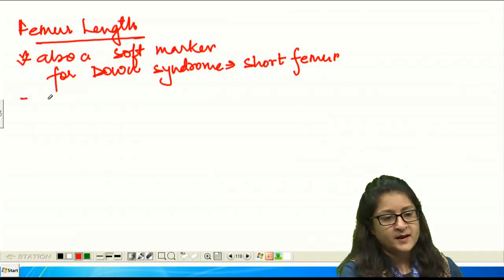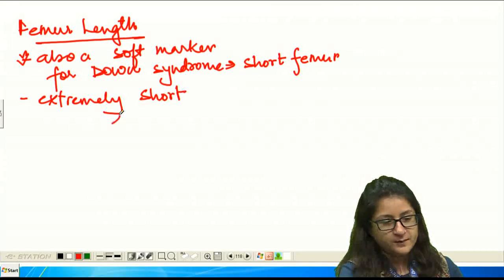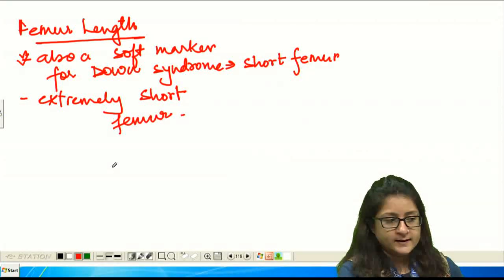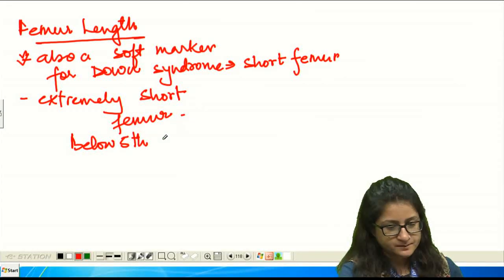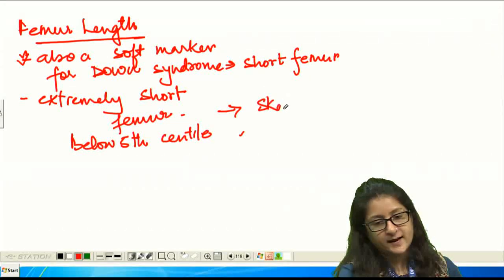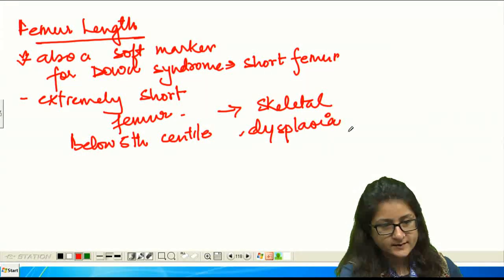That is one point. If the femur is extremely short, that means it is below the 5th centile, then it can mean that there is skeletal dysplasia, and we should rule out skeletal dysplasia.